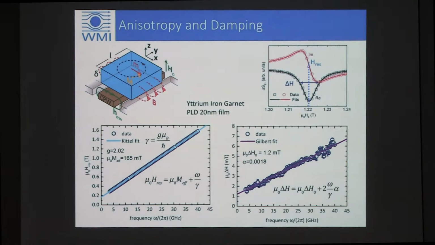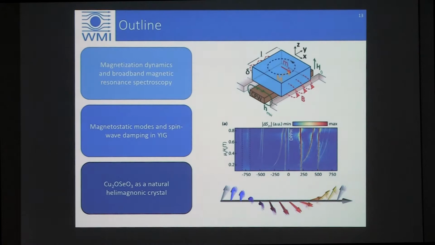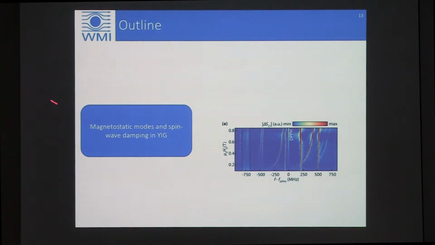So now let's get started with the actual interesting stuff. First of all, I'm going to show you some results that we obtained using a very well-known magnetic material, yttrium iron garnet, and studying dynamics in that material.